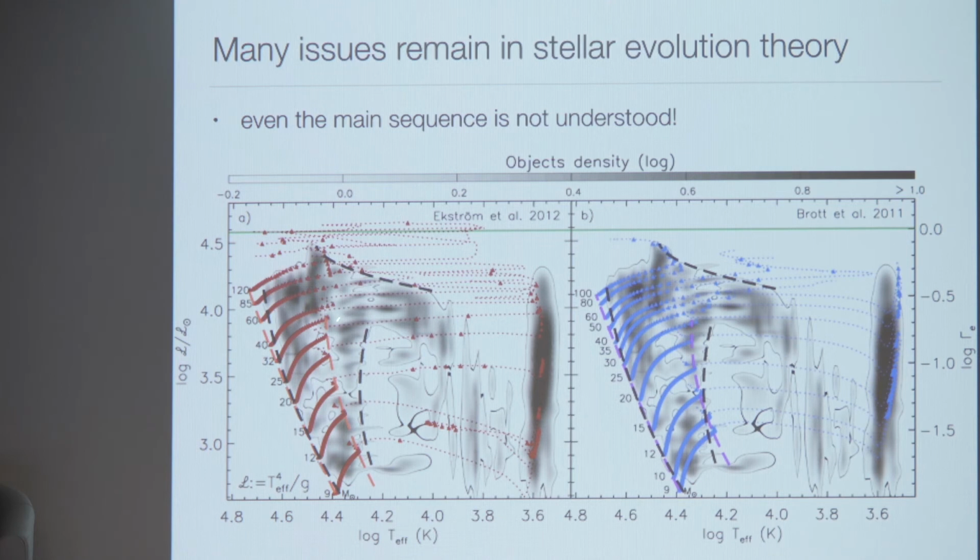Also, at the top end, this region gets bigger when the star gets very luminous, which means the star is close to the Eddington luminosity, and then somehow the star is expanding. The hydrogen burning stars are much more expanded than the theory predicts.